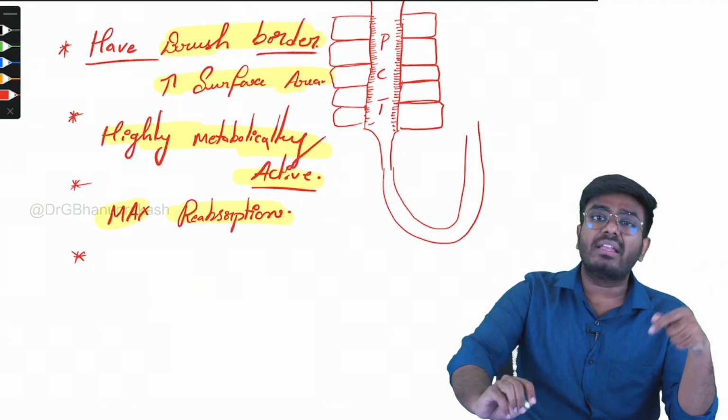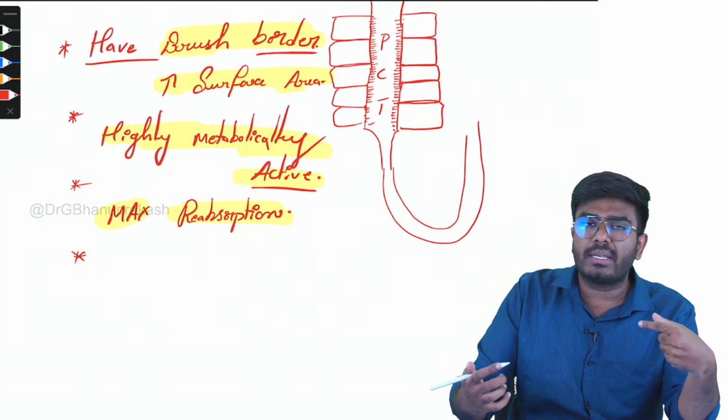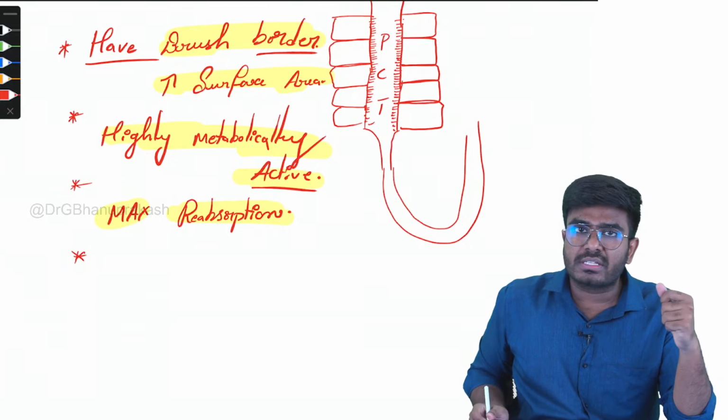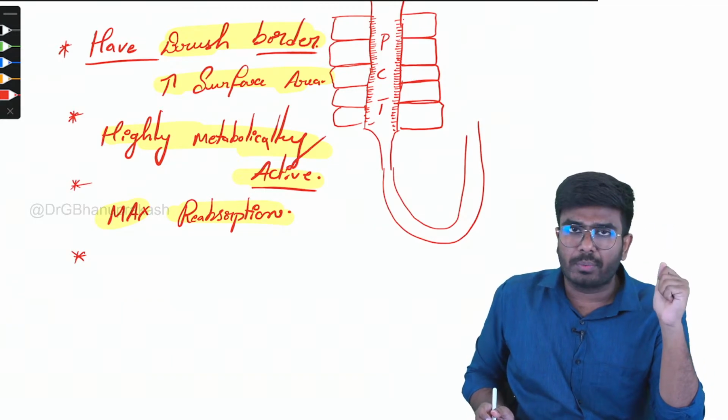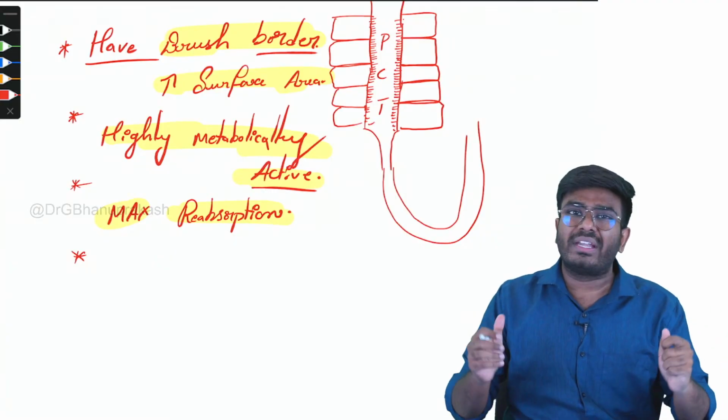And as it is working more and more, it demands more oxygen, being a highly metabolically active segment. For example, in hypoxic conditions, which part of the nephron is highly susceptible? Its demand for oxygen is very high, it needs more oxygen.